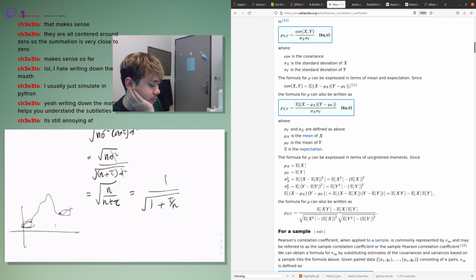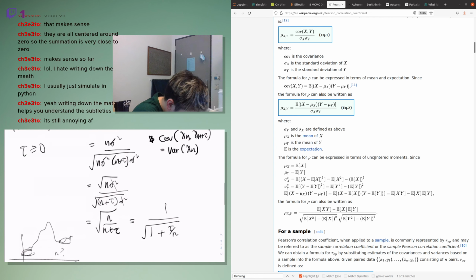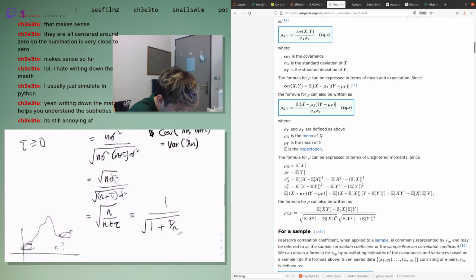So why would it depend on n? So it's the ratio of tau to n.